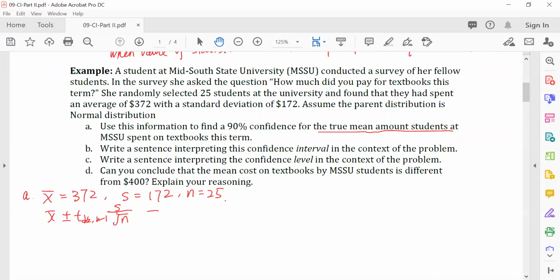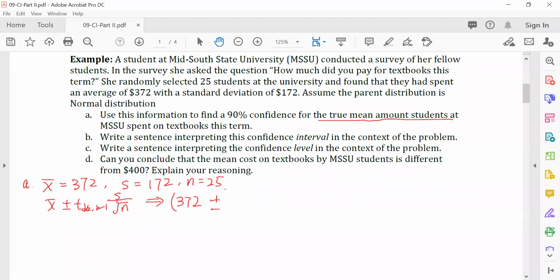So we are going to plug in the numbers here. It's 372 plus or minus, we are going to leave our t value here, times s, 172, divided by square root of n, 25. We have talked about how to find this t value, right?